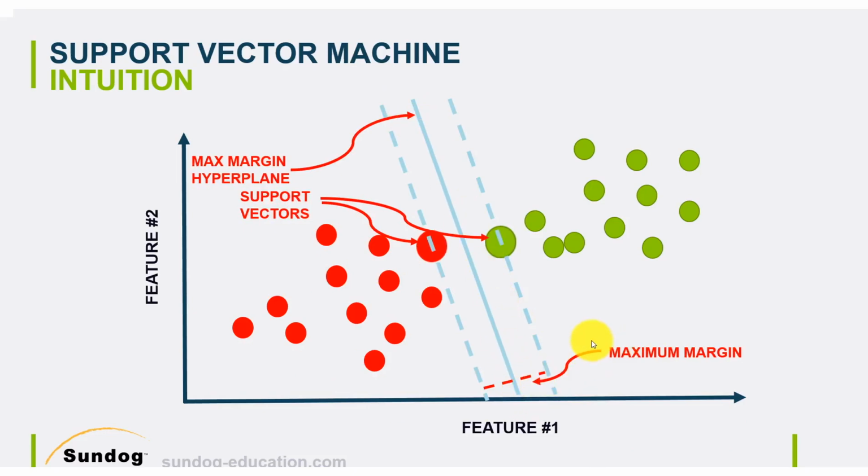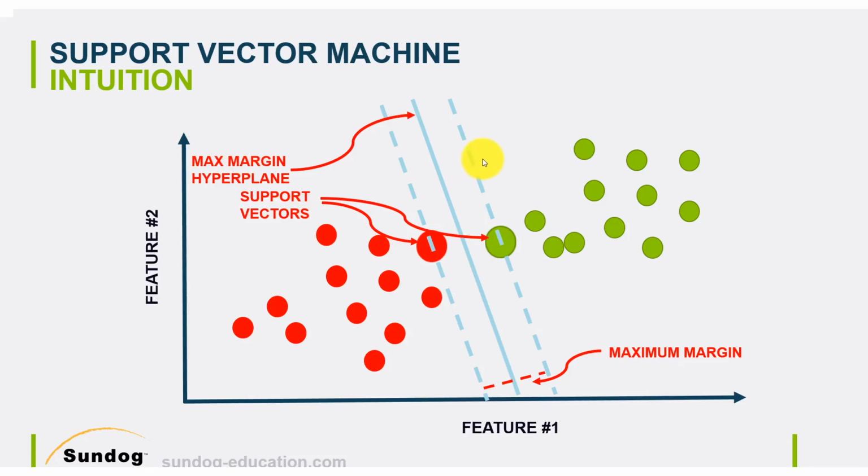It looks at these two lines passing through the support vectors and separates them as much as possible, creating the maximum margin, and draws the line in between, which is a separator. That's what we call the maximum margin hyperplane. It's very intuitive, makes complete sense.